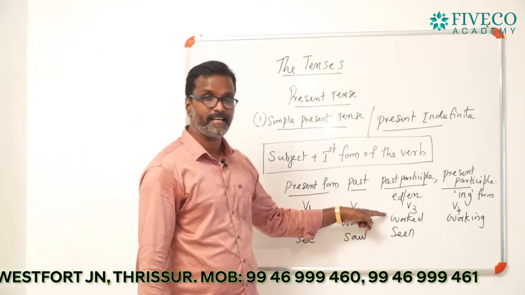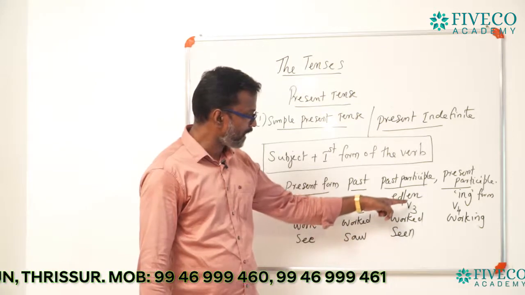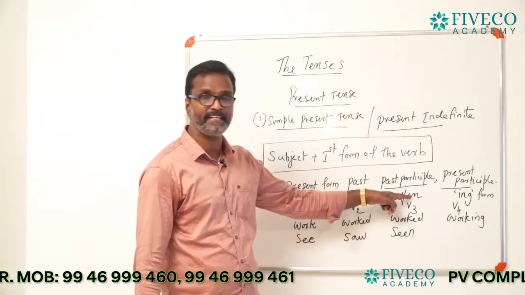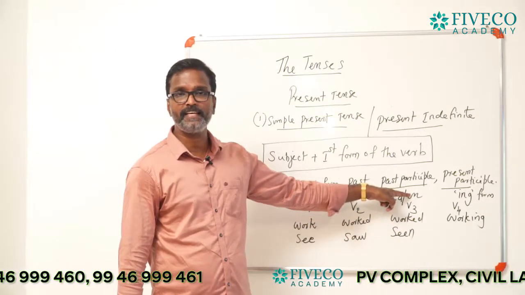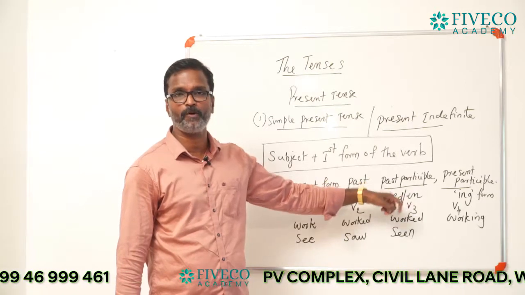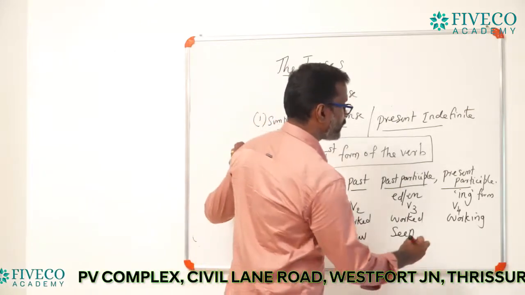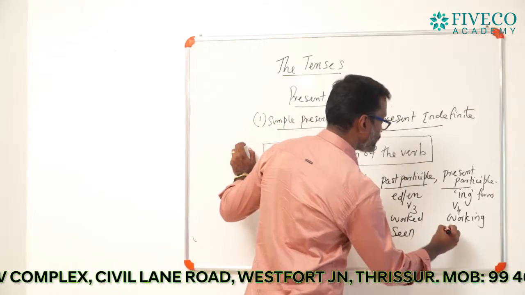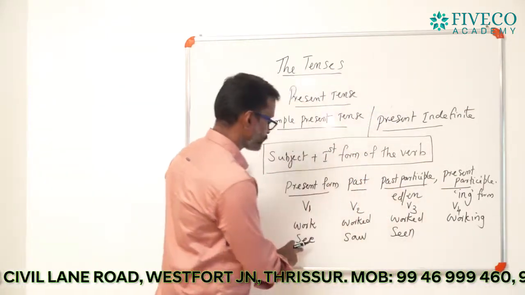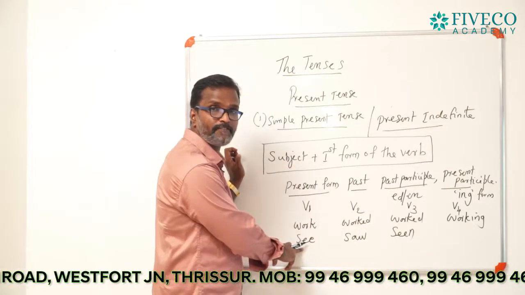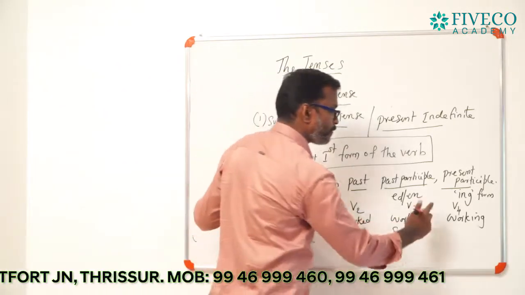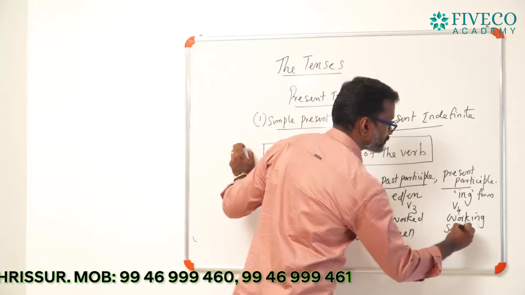Do you understand? We added en to the basic form of the verb. And the present participle is the ing form of the verb. See is the basic form, and the ing form of see is seeing.